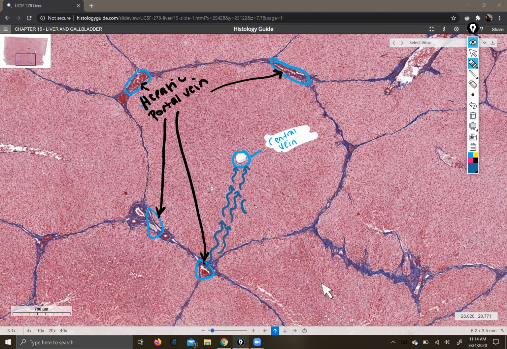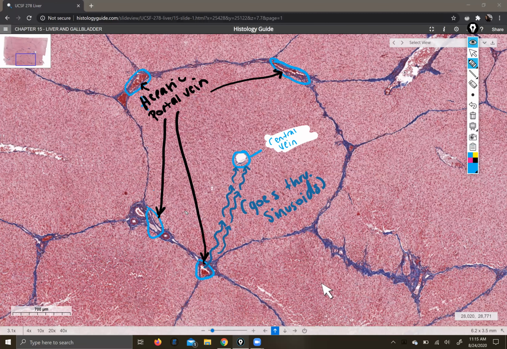So it goes through sinusoids. And I'll show you the sinusoids as well. Okay, so I have a couple more things I need to label, and then we'll zoom in. One of those things is, let me go back to my blue.